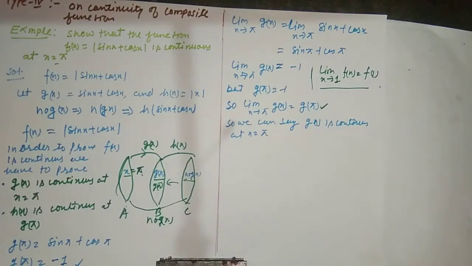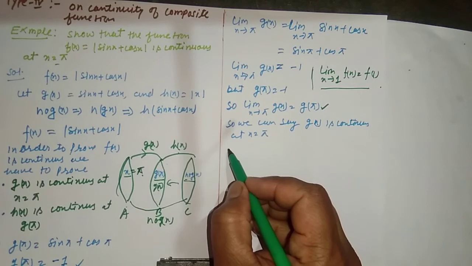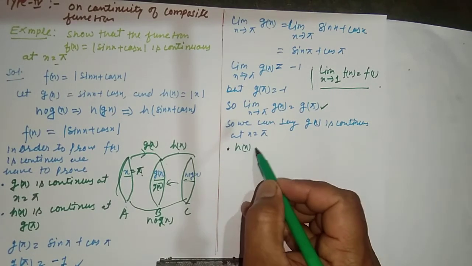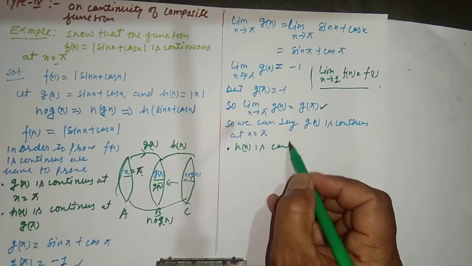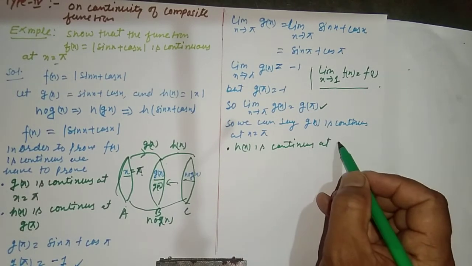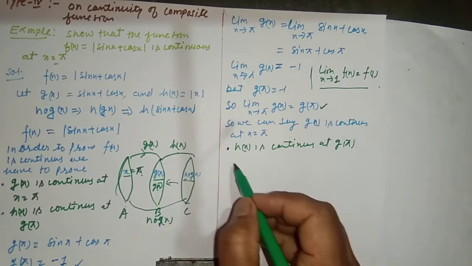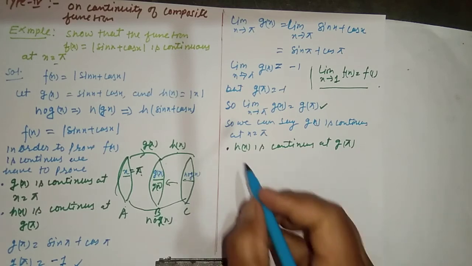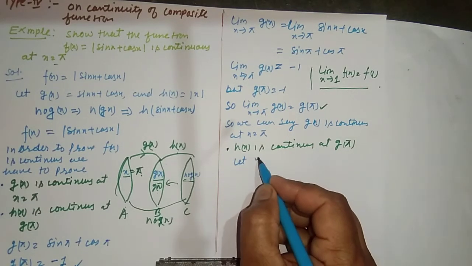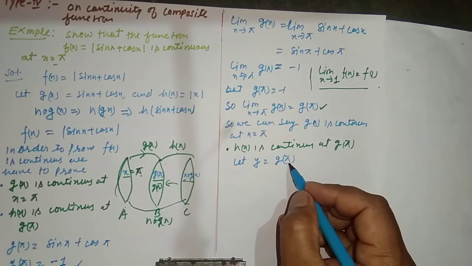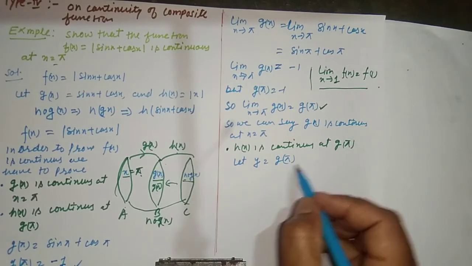Clear? Now second, we have to prove h(x) is continuous at g(π). Clear? For that, let y is equal to g(π). So g(π) we know is -1.